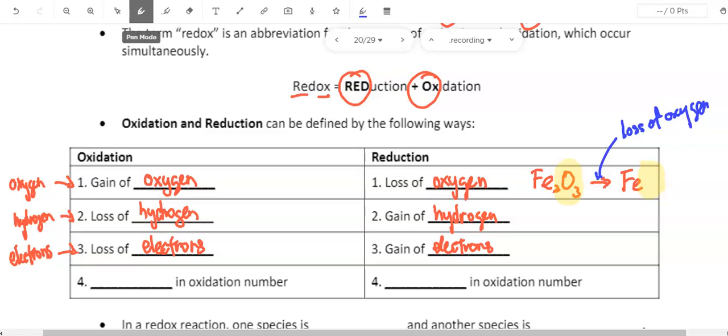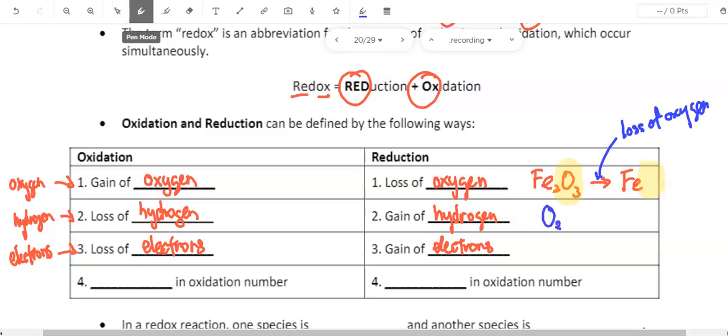Now, what's an example of a gain of hydrogen reduction reaction? I'll look at the reduction side first to show you some examples, and oxidation examples you'll see later. Another example is reduction using the hydrogen concept.